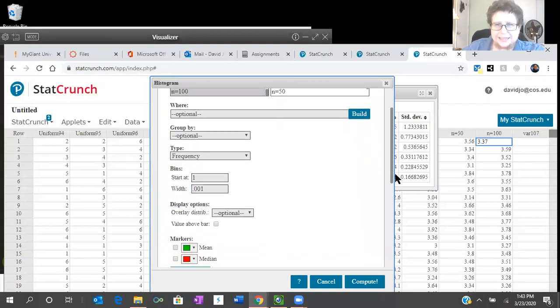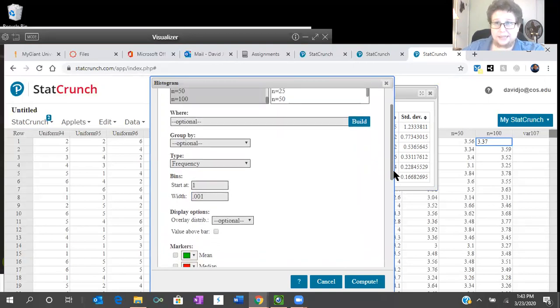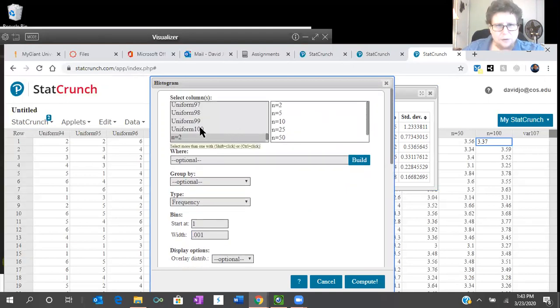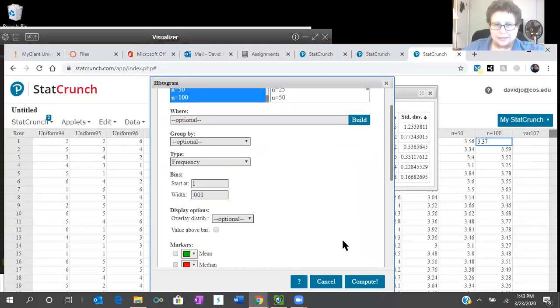And let's look at the shape of the distribution. In fact, if I add one more column, like doing the uniform equals 100, that's just doing the last column. That's like n equals 1. So I've got n equals 1, n equals 2, 5, 10, 25, 50, 100. We look at the distribution.